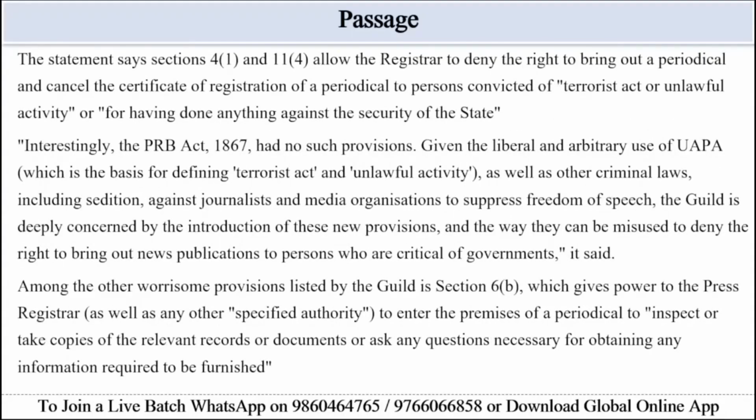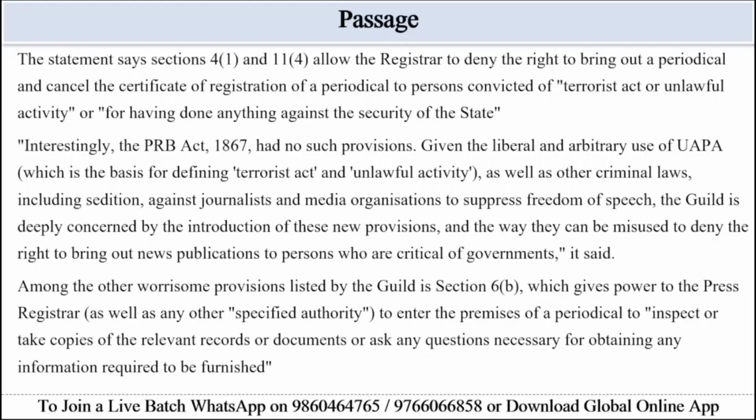The Guild said the statement says sections 4.1 and 11.4 allow the registrar to deny the right to bring out a periodical and cancel the certificate of registration of the periodical to a person convicted of a terrorist act or unlawful activity, or for having done anything against the security of the state.